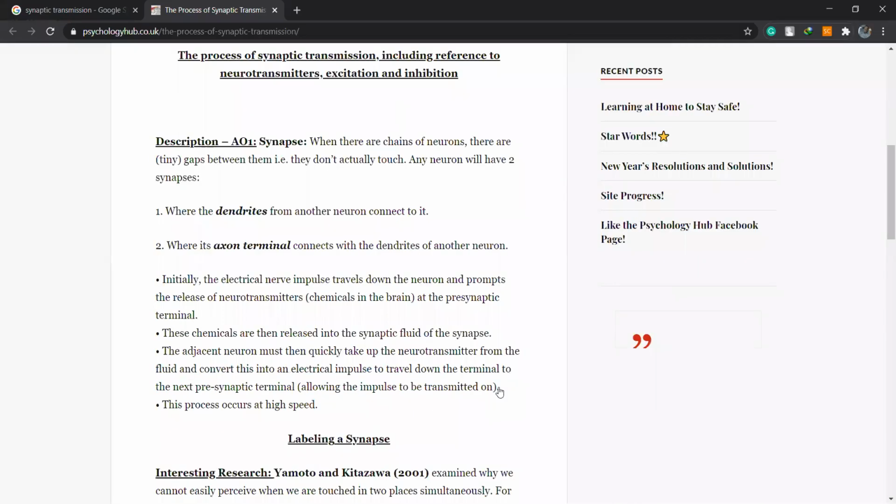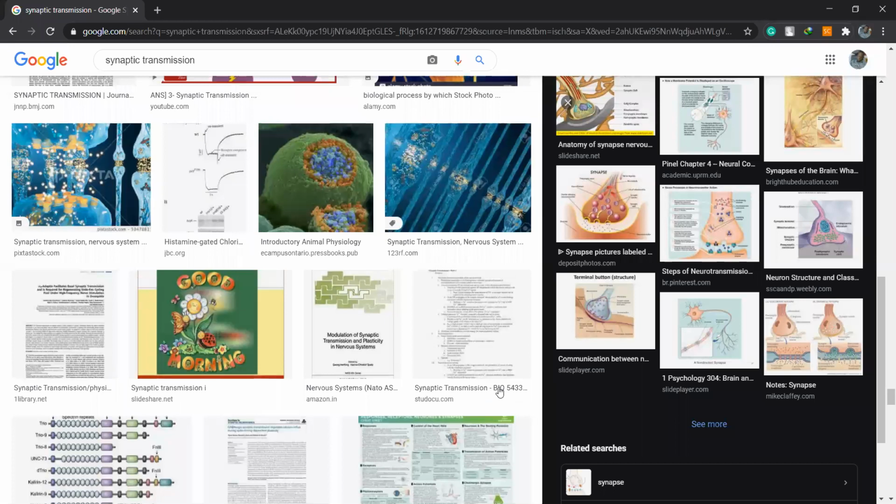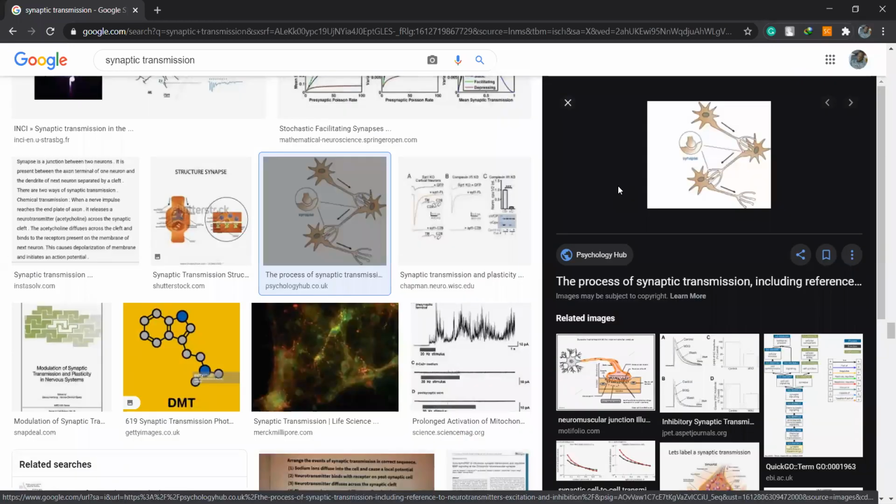I'm trying to get a better image just to help you understand this better, but since I'm struggling to get one.